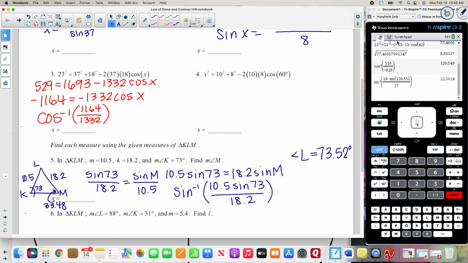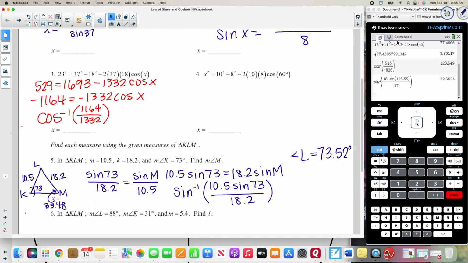Brantley said, how do we know we're looking for an angle measure? Well, what is always behind the word cosine? An angle. We can't take the cosine of a side length. So if it's after cosine, we're looking for an angle measure, so we're doing inverse cosine.